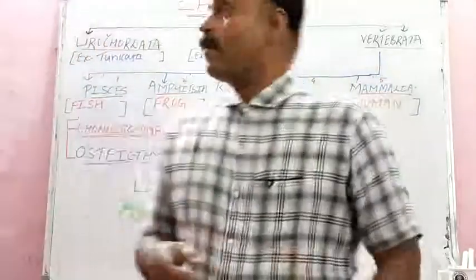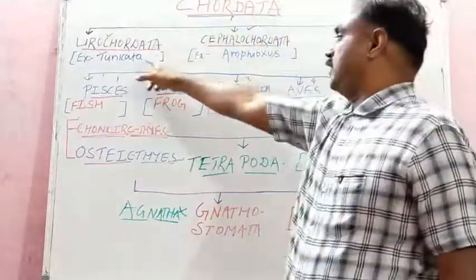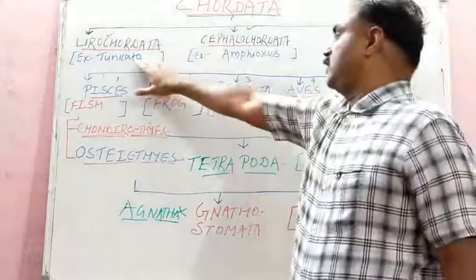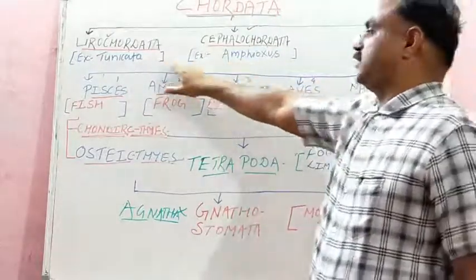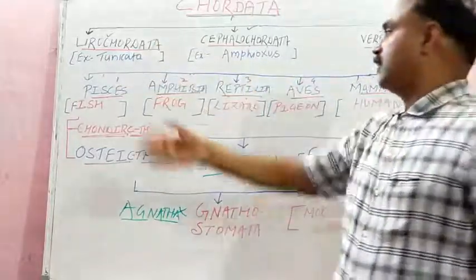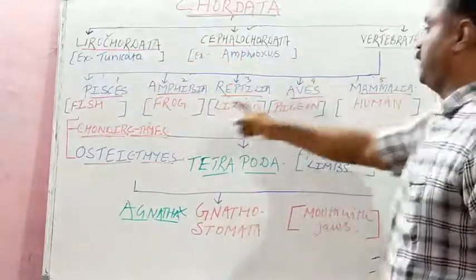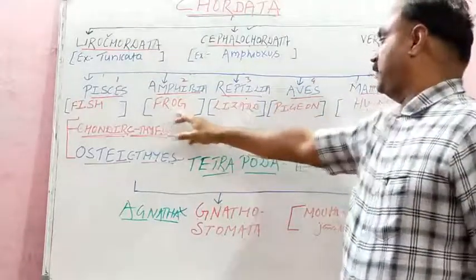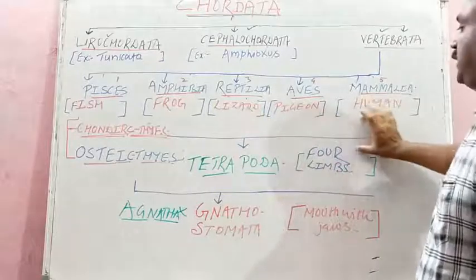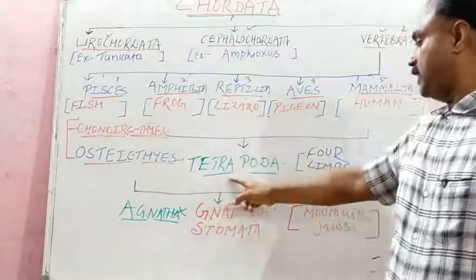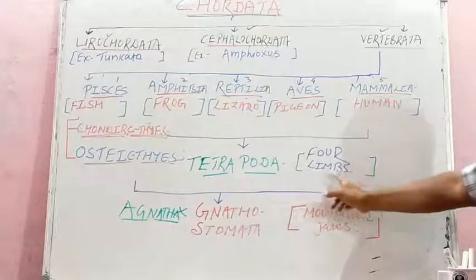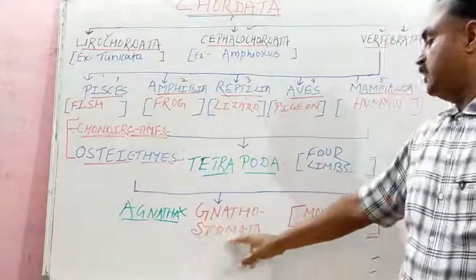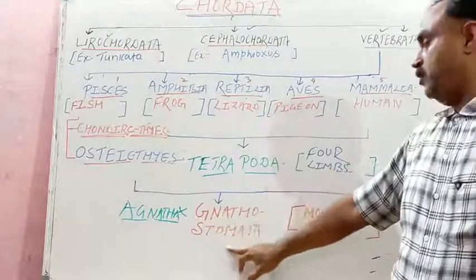Let us recap once. In Chordata we have to study Urochordata, Cephalochordata and Vertebrata. Example of Urochordata, Tunicata and Amphioxus. We are going to study this in the text. Four features are there. Then Vertebrata: Pisces, Amphibia, Reptilia, Aves and Mammalia. Amphibia, Reptilia, Aves and Mammalia have 4 limbs, so they come under Tetrapoda, and they also have the mouth with jaws, so that is called Gnathostomata.